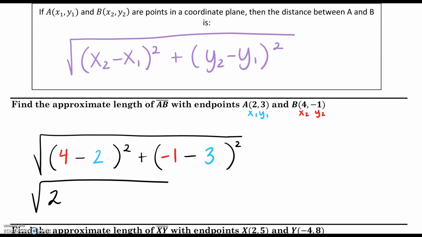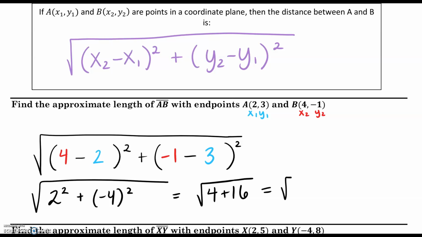4 minus 2 is 2, so we have 2 squared, plus -1 minus 3 is -4, so we have -4 squared. We know that 2 squared is 4, and we know that -4 squared is 16, right? A negative times a negative is a positive. And then we have 4 plus 16 is 20.